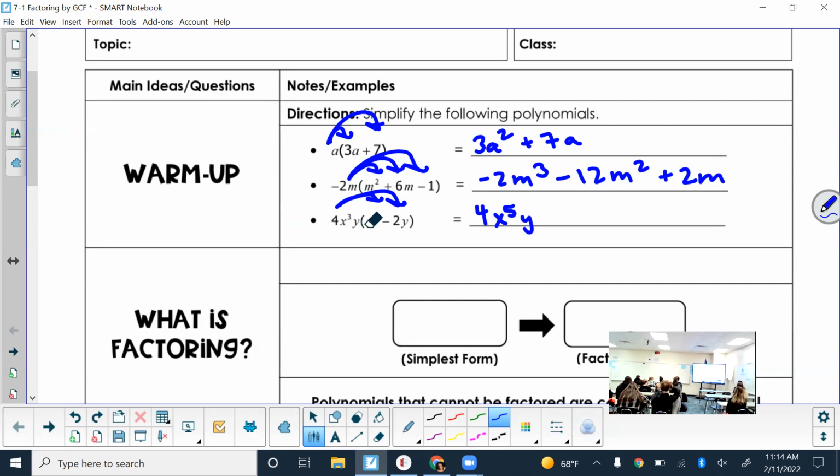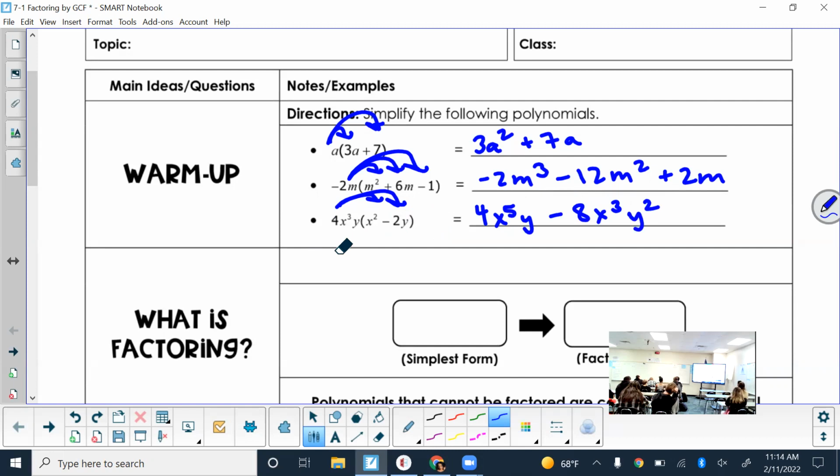This one didn't have a y, but you still put it there. It's kind of like multiplying by 1. Now what's 4x cubed y times negative 2y? Good. Questions on the last one?